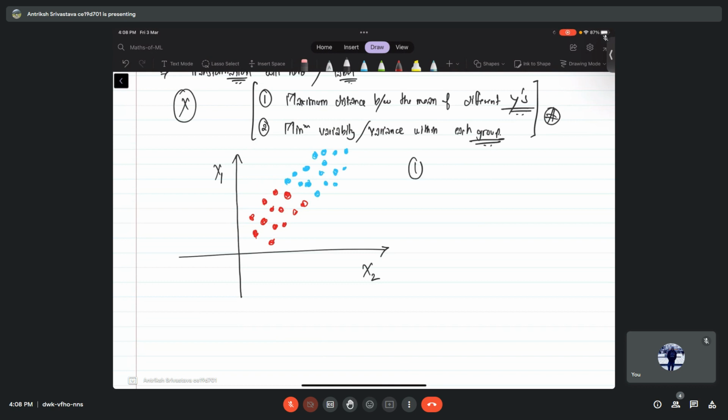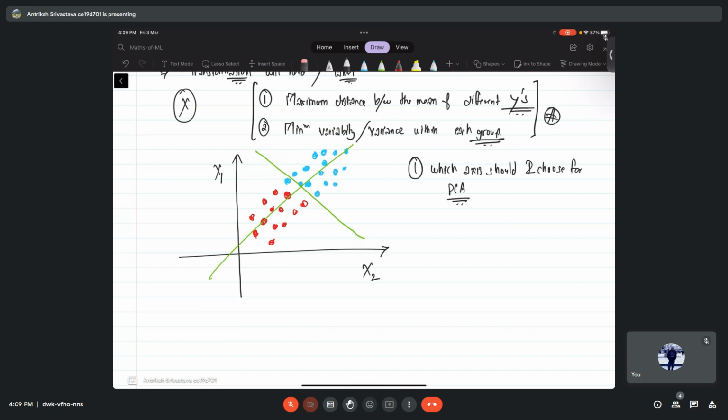Question number one: I'm going to draw some lines. So I'm transforming this. This is one axis. This is another axis. Which axis should I choose for PCA?